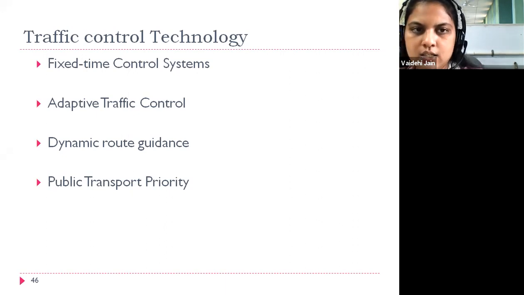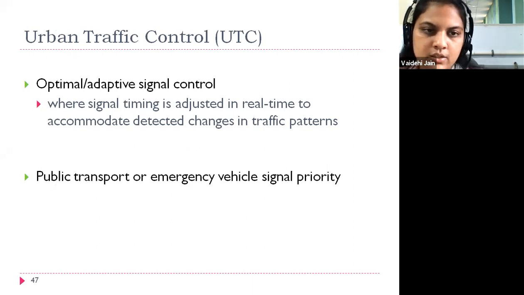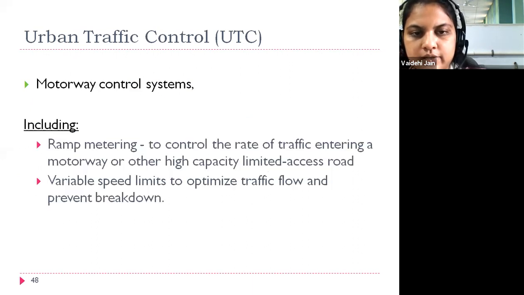So these are the traffic control technologies. Under the traffic control technology, the urban traffic control is there, which is the adaptive signal control, and the public or emergency vehicle signal priority, which has been discussed earlier. Motorway control system, again, has been discussed earlier.